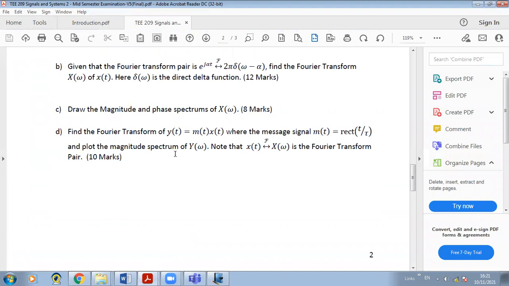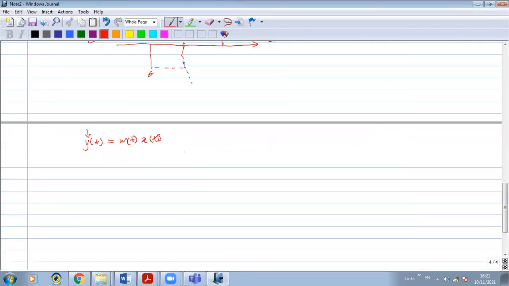The m(t) is already given. It is a rectangular signal. You know that m(t) is a rectangular pulse, a pulse like this. The width is tau, t by tau.